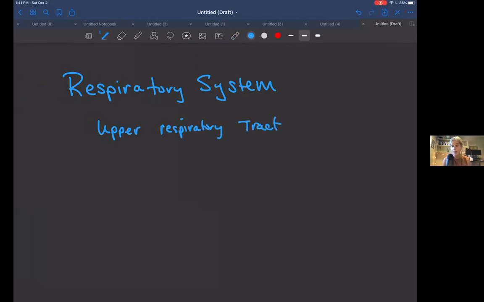Sometimes you hear about upper respiratory illnesses. The common cold is an upper respiratory illness. The upper respiratory tract includes the nasal cavity, which is also connected to sinuses in your skull.